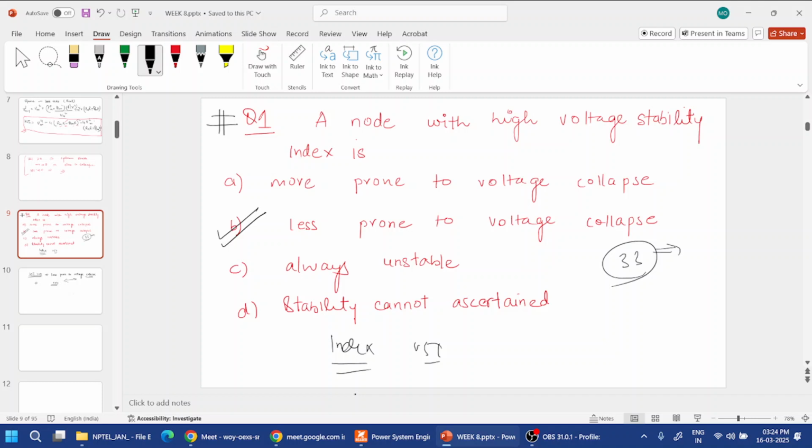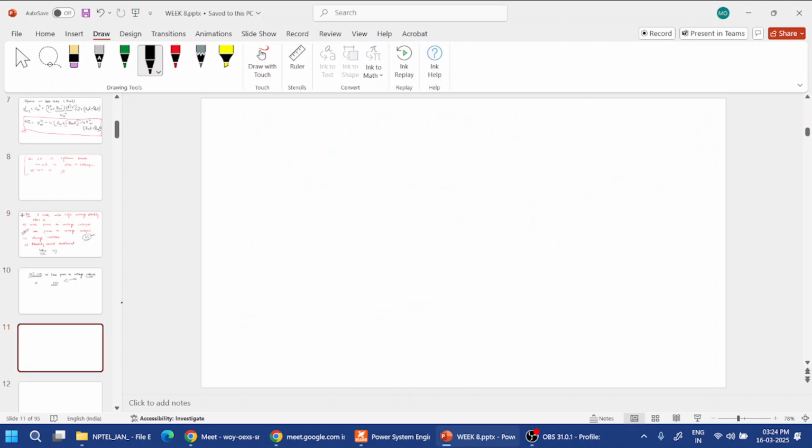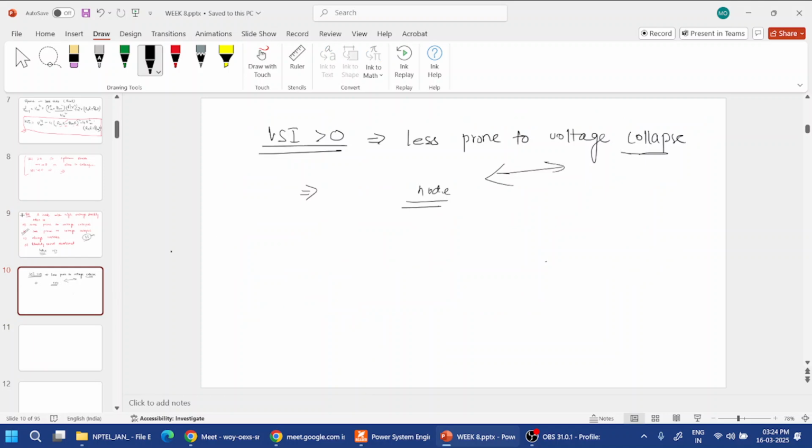But if there are 33 nodes and I ask which node is more prone to instability, you will check which node has a lesser VSI. If we add extra load to this node, it will lead to an outage.